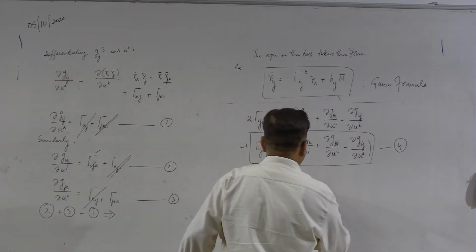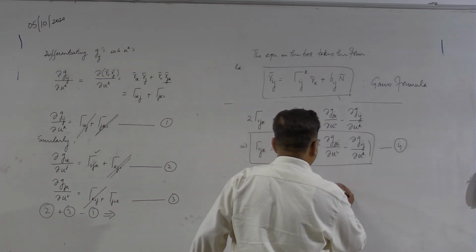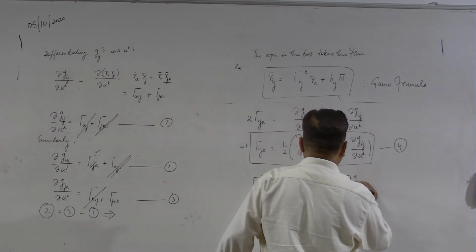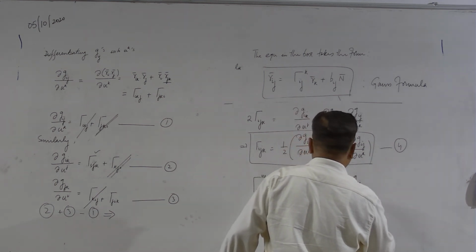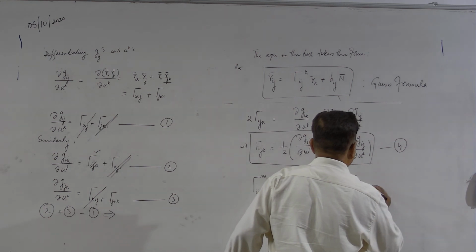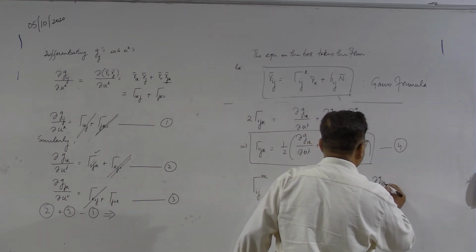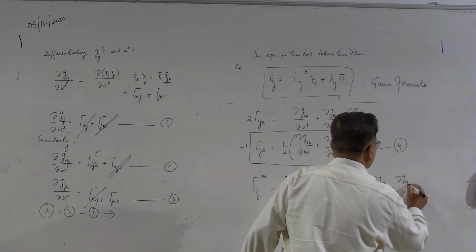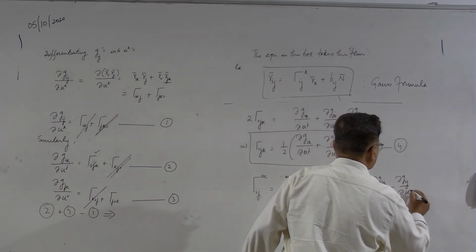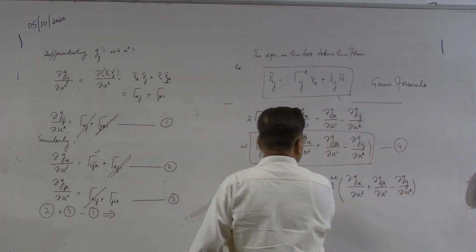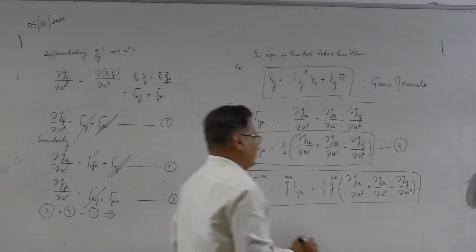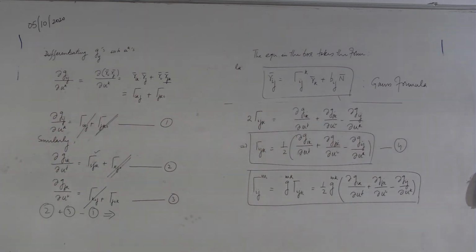So this will become equal to half of g^mk into the derivative of g_ik with respect to u^j plus the derivative of g_jk with respect to u^i minus the derivative of g_ij with respect to u^k. So you got the formula for the Christoffel symbol of the second kind in terms of the derivatives of the g_ij's.